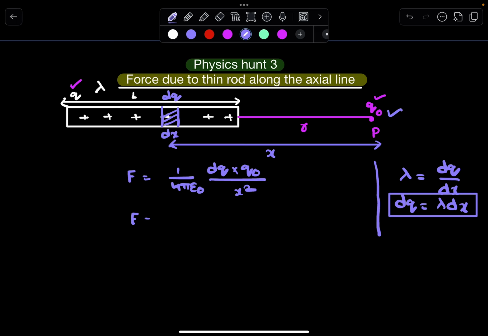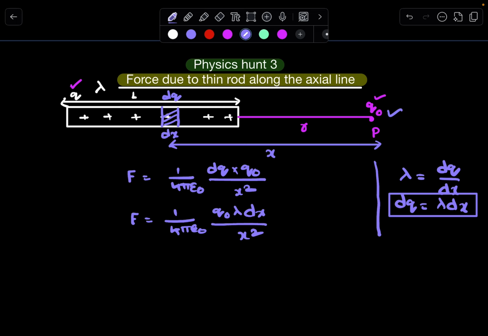So F is equal to 1 by 4 pi epsilon naught into q naught lambda into dx by x square. Okay, so this is the expression I got.